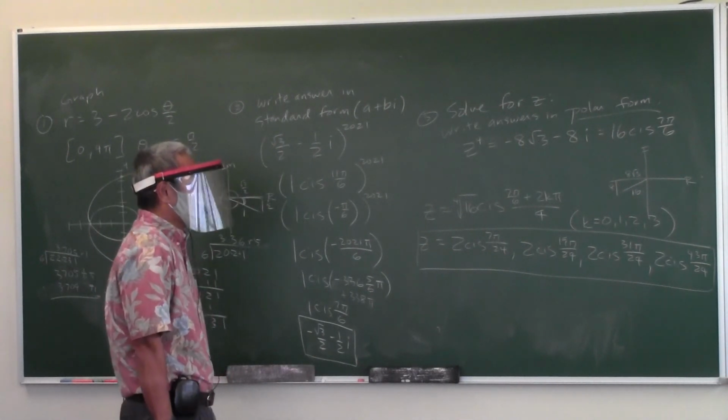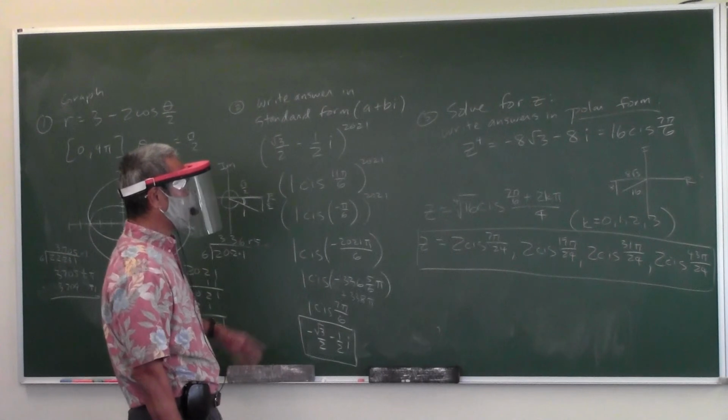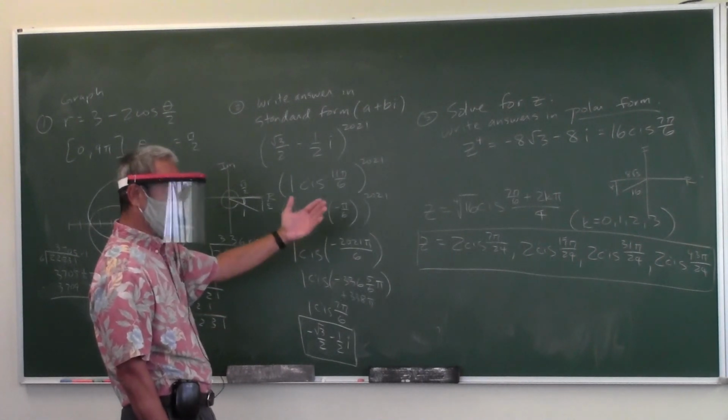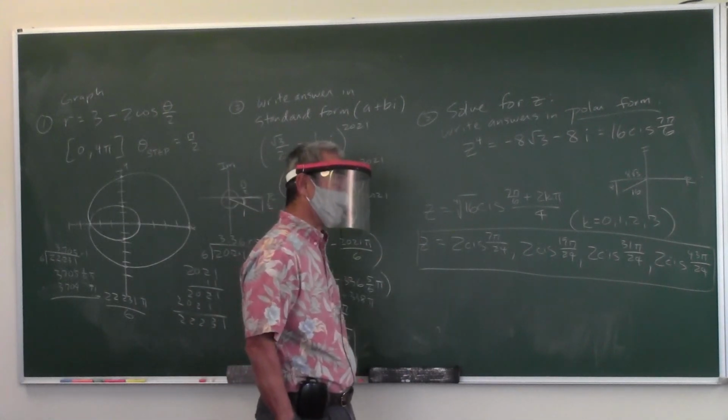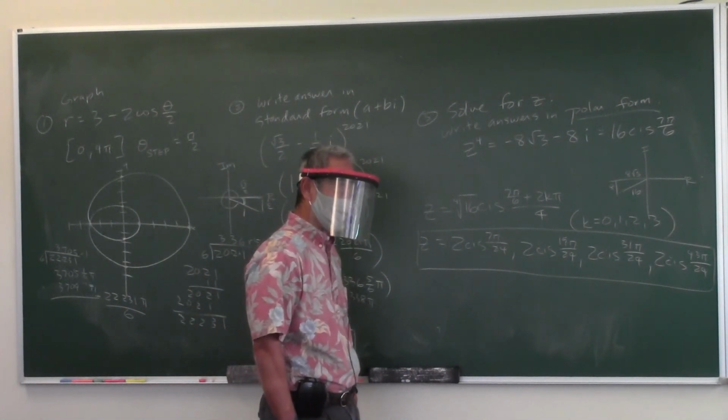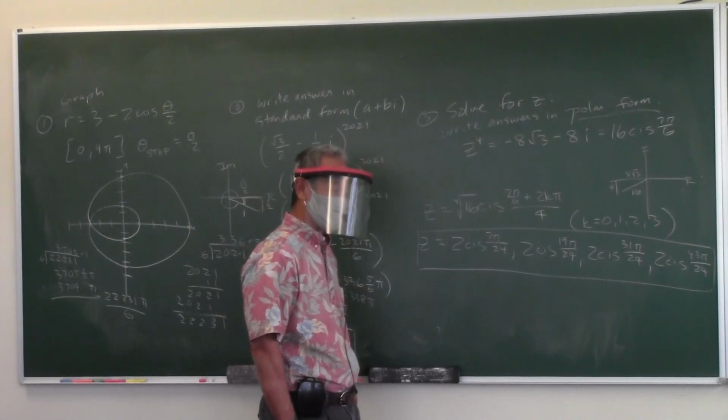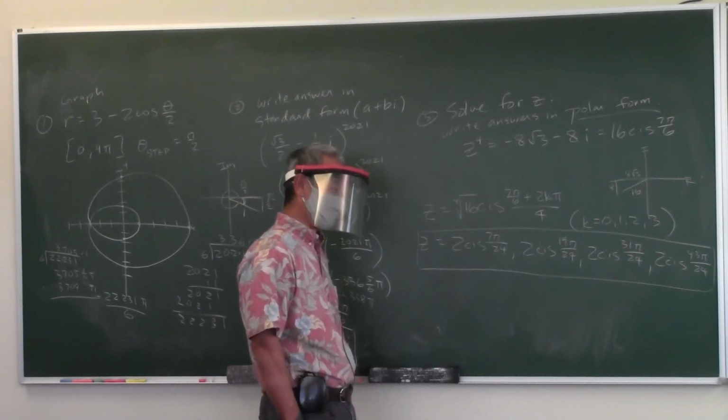Yeah, it's not that difficult. And then look, you can save time because I didn't ask you to change it to standard form, right? Anyway, if you have to change this to standard form, how would you even do a pi over 24? You have to do a half angle twice. That would take a really long time without a calculator.